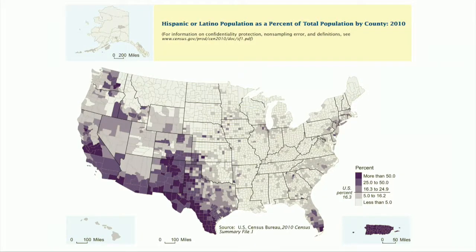Secondly, whereabouts are Hispanic or Latino populations? And so, to reiterate, they are concentrated in the southwestern border of the United States of America on the Mexican border. Now, what is the reason for this? The reason for this is very simple.